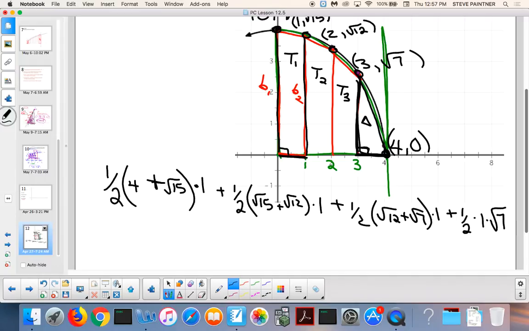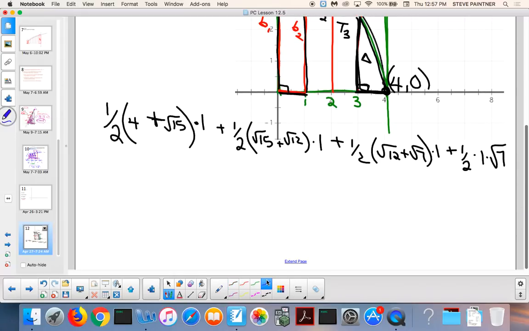Wouldn't this add up to just about the correct area? It's going to be a little wasted. We're missing it by a little bit. We're under the right answer. Again, if you look at it, is there a common factor? 1/2. Yeah, we could have just taken out the 1/2.